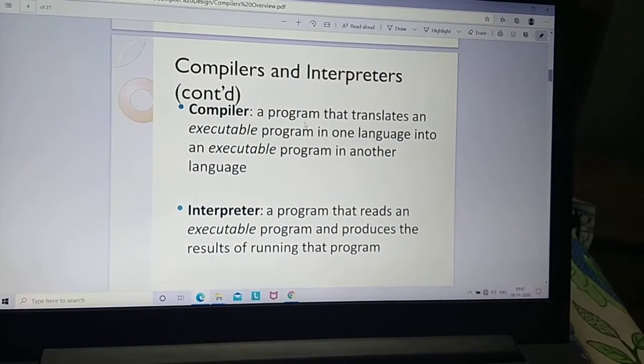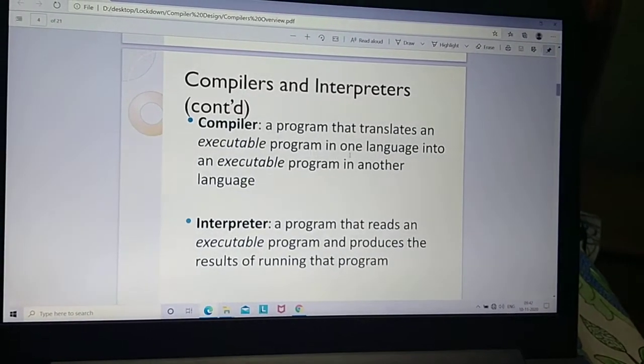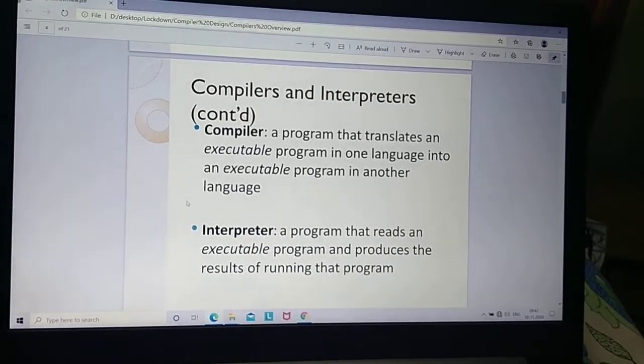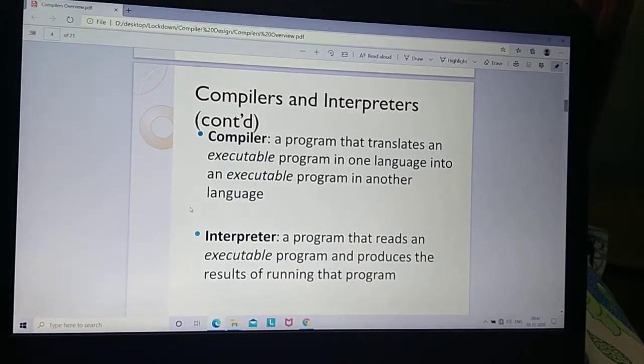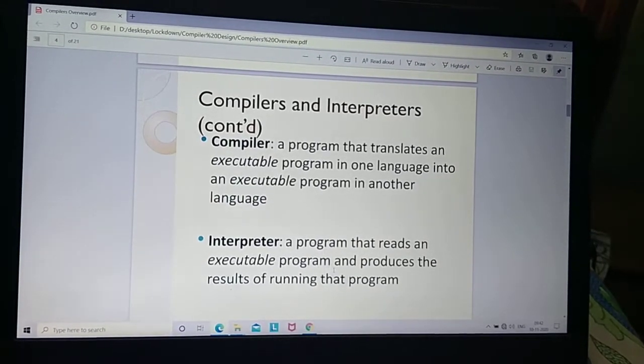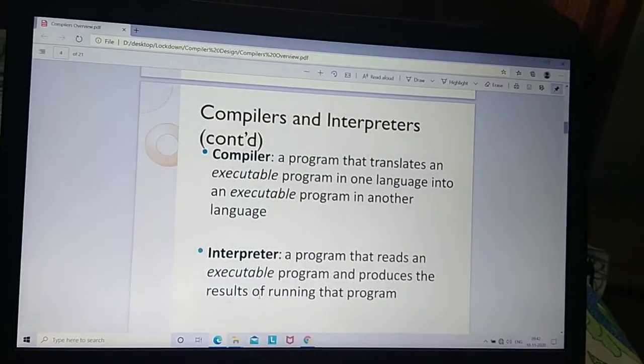A compiler is a program that translates an executable program in one language into an executable program in another language. On the other hand, an interpreter is a program that reads an executable program and produces the result of running that program.